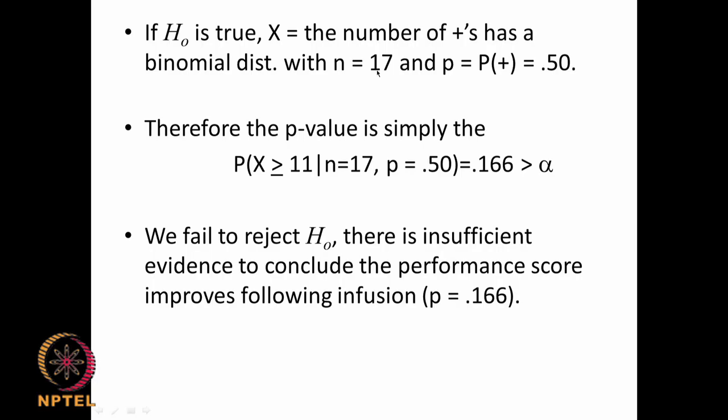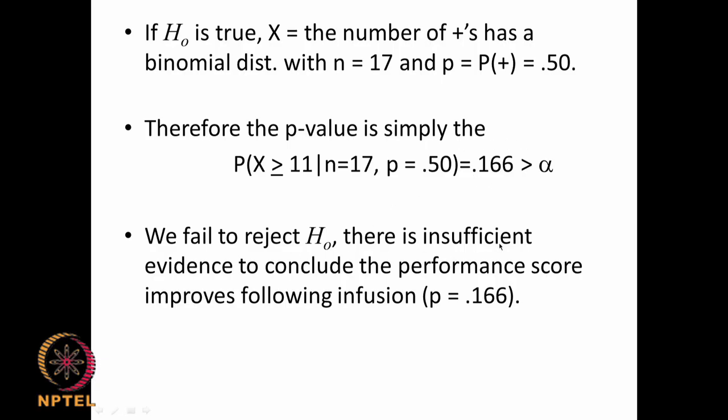Whereas if not, then obviously we need to use the binomial. Out of 17 we get 11 positives, and the probability is 0.5. So what will be the p-value? We failed, and this is the p-value, but the p-value is much larger, so we failed to reject the H naught.